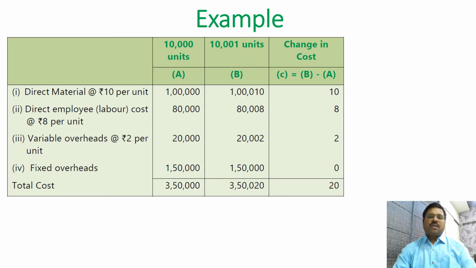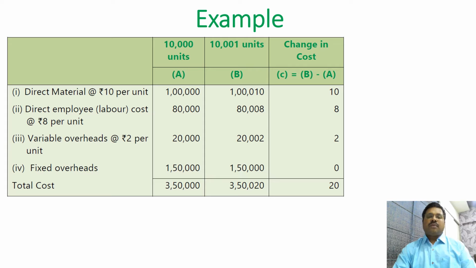So 10 rupees for 10,000 units is 1 lakh, whereas at 10,001 units it is 1 lakh 10 rupees. Similarly, labor cost of 8 rupees remains the same per unit, but it changes with the change in production quantity. So 80,000 at 10,000 units and 80,008 rupees at 10,001 units.